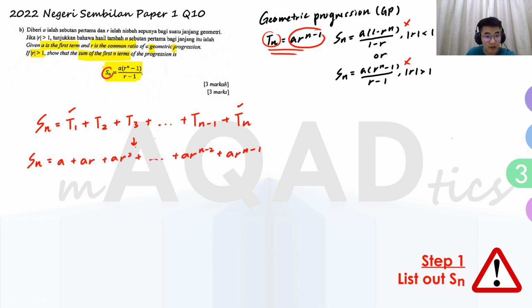If you look at the second line, you can see that T1 becomes a, because if I substitute n as 1, it will become ar^0. R to the power of 0 is actually 1, so we will only have a. It applies to all the terms. So for Tn minus 1, if I substitute n with n minus 1, you will get ar^(n-2). So this is our first equation.